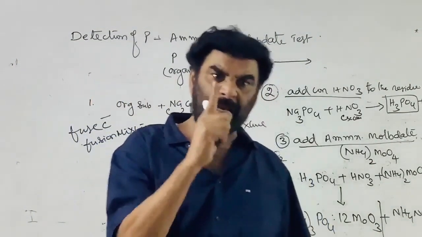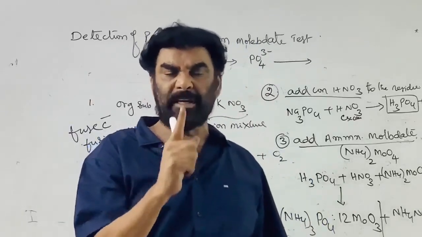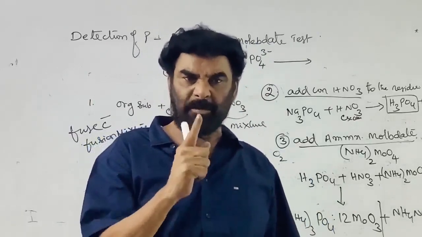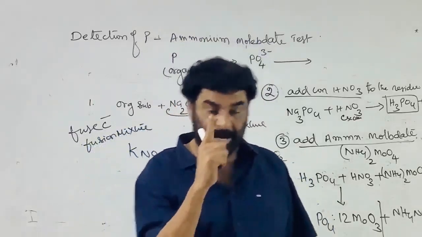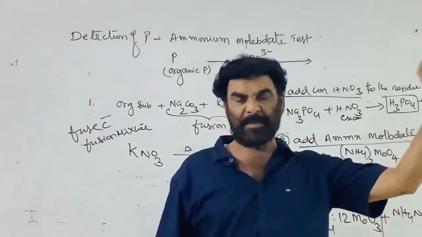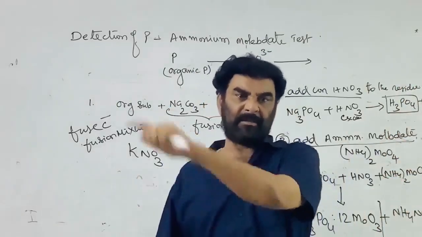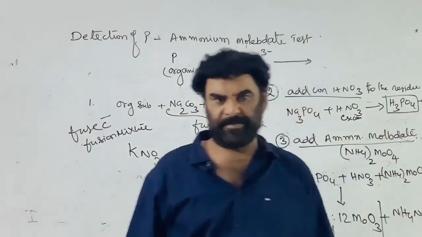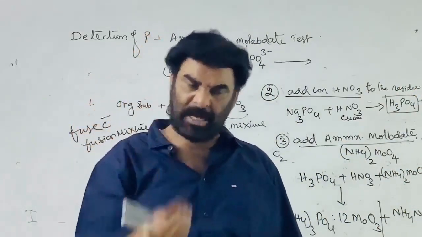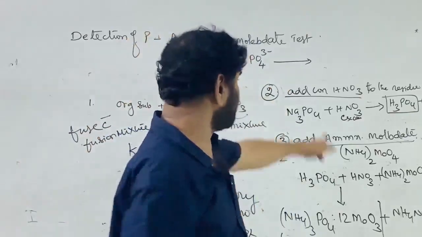The given organic compound is strongly heated with the fusion mixture, that is sodium carbonate and potassium nitrate mixture. During this process, the phosphorus present in the organic compound is converted to phosphate ion, and finally exists in the form of sodium phosphate. To that, add concentrated HNO3.